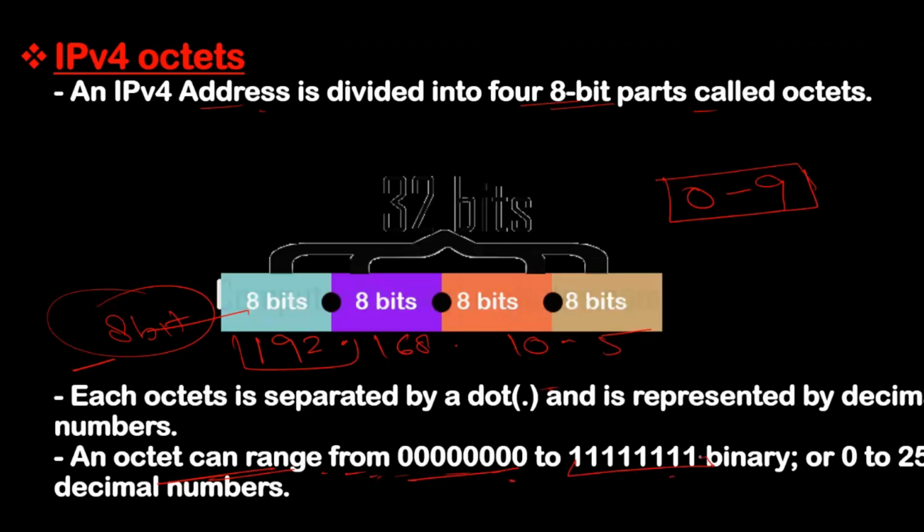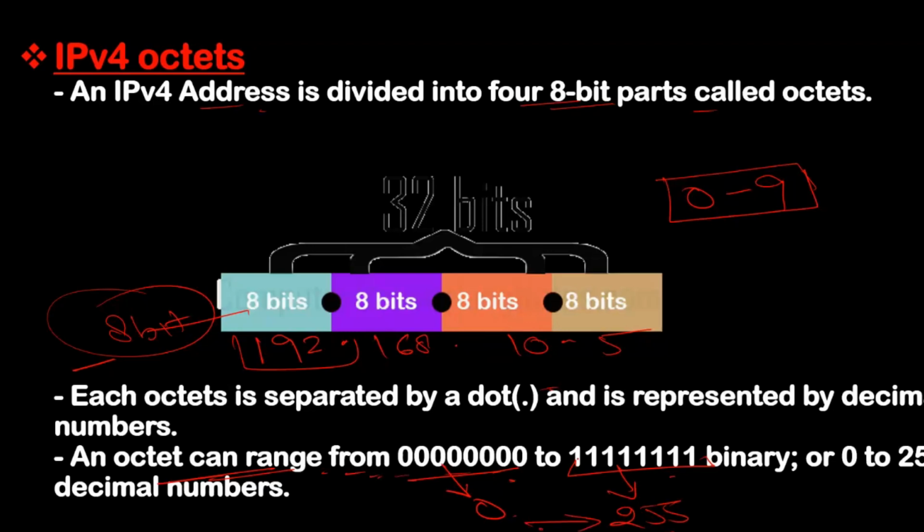If you convert this binary into decimal, 00000000 is 0, and 11111111 is 255. So if you are using an IP version 4 address, the range of each octet can only be from 0 to 255. We always have to remember this.